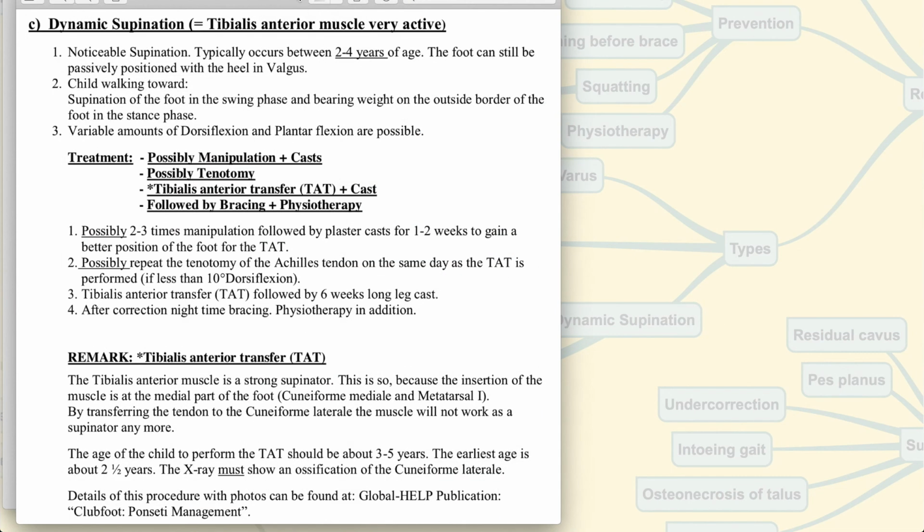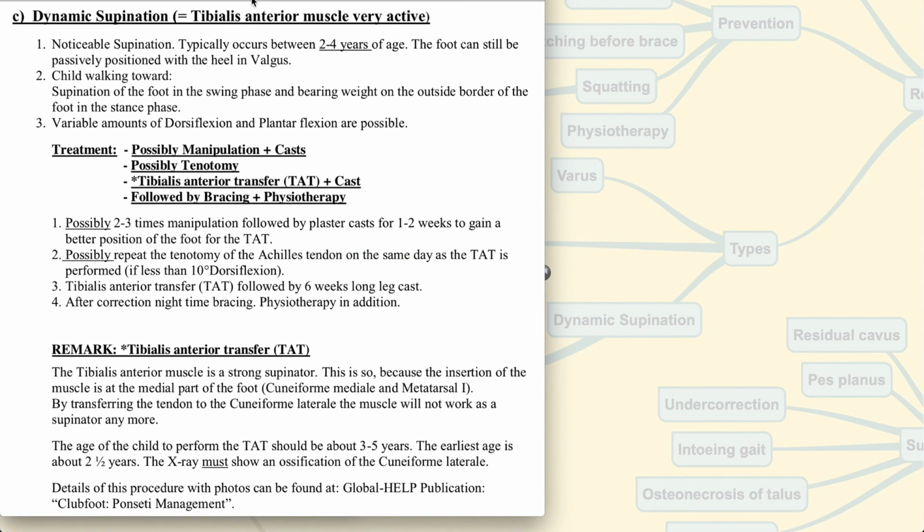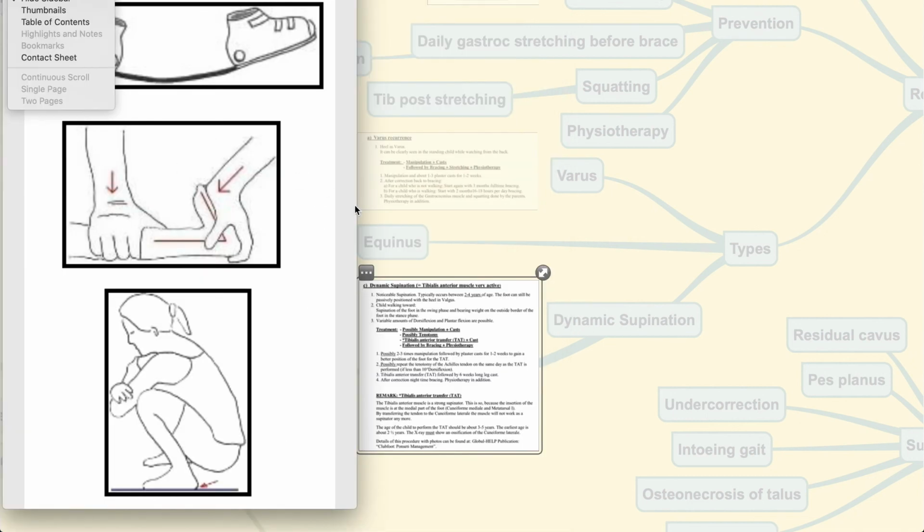The term dynamic means that the tibialis anterior muscle is very active, and during motion we could see that the foot returns to its supinated position, and the treatment of this condition may sometimes include operative techniques such as tibialis anterior transfer, where the tibialis anterior is removed from its insertion and transferred to the dorsal aspect of the foot.